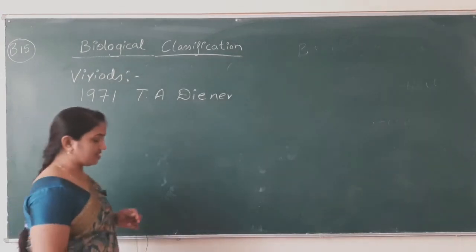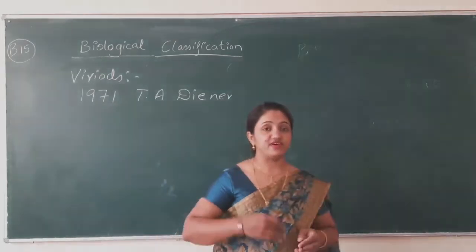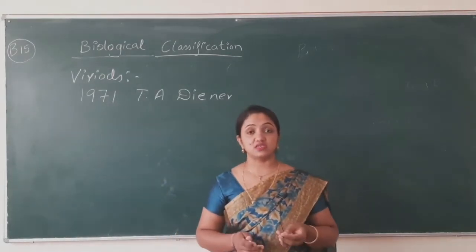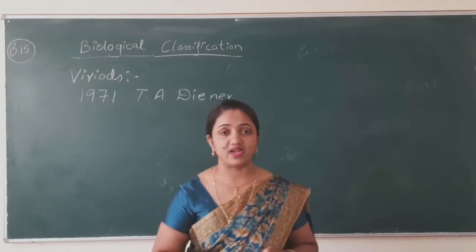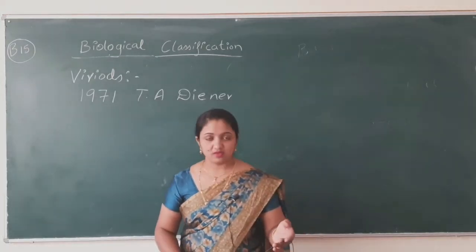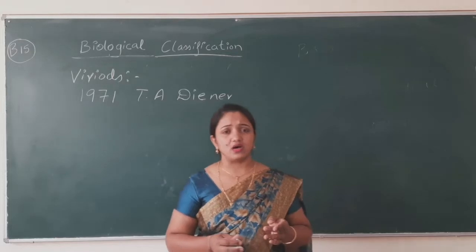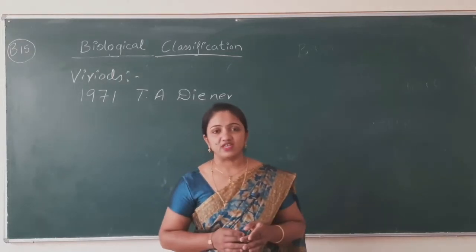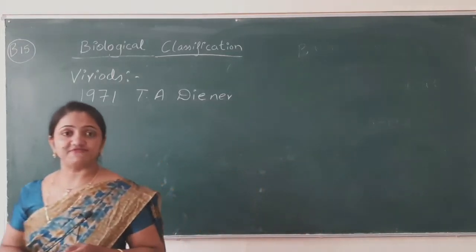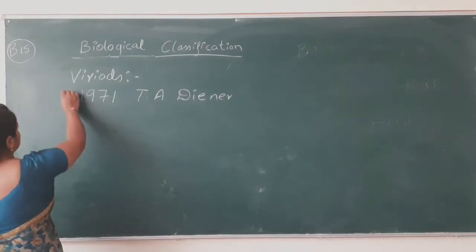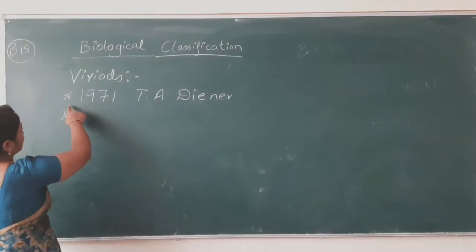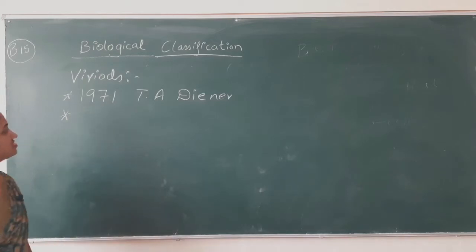Why did the name viroids come? After the viruses, why is it necessary to read and understand the viroids? Because the viroids are smaller than viruses. Let me write the characteristic features of viroids here. This is the first character, so you have to remember this.